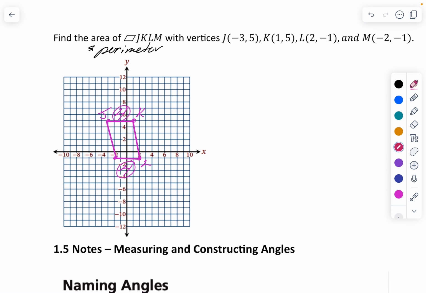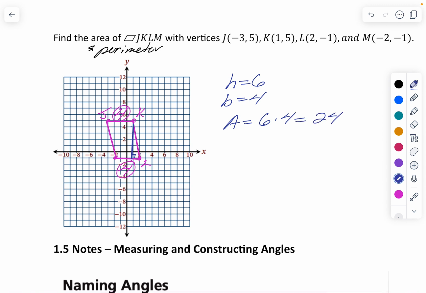Now for our height, we need like this. So this would be our height. It's perpendicular to the base, and let's see, 1, 2, 3, 4, 5, 6. So our height is 6. Our base is 4. So the area is going to be 6 times 4, or 24.